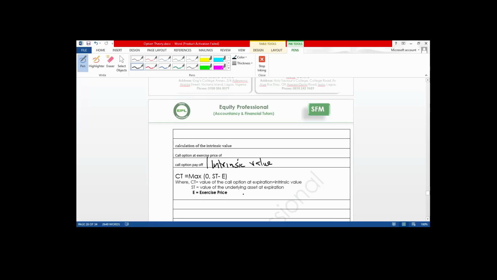ST is the value of the underlying asset; the asset is your share. Capital letter E is the exercise price. Now come here.